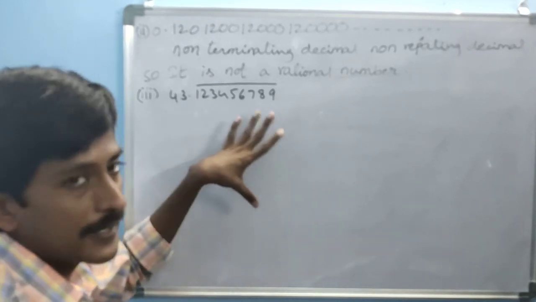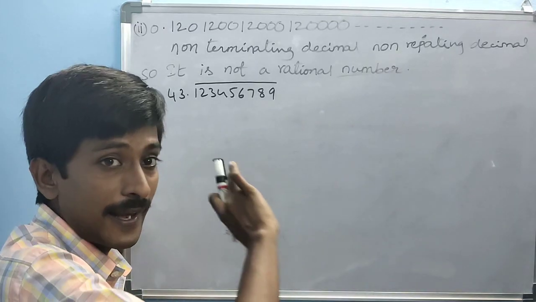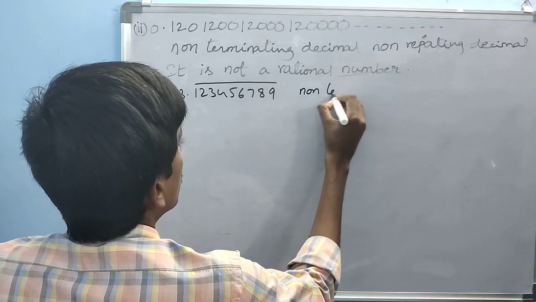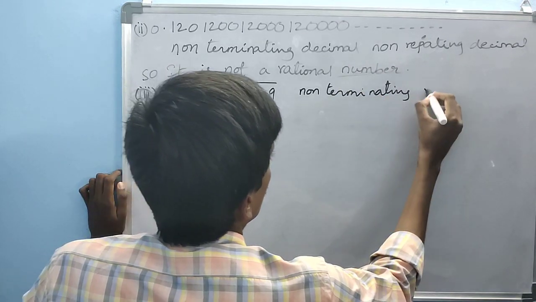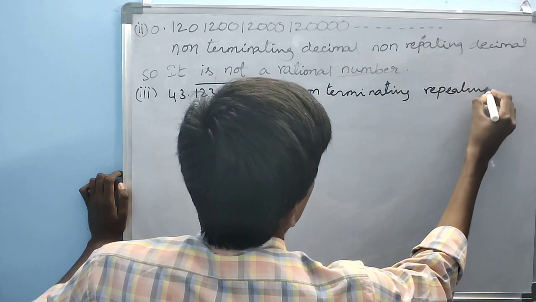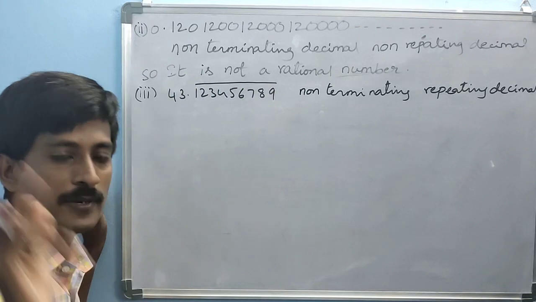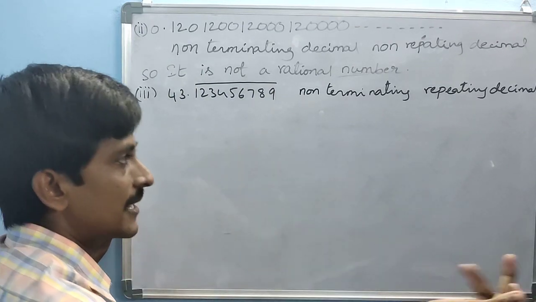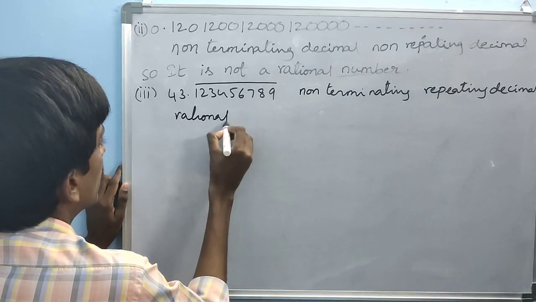So it is a non-terminating, repeating decimal. Every terminating decimal and non-terminating repeating decimal can be converted into rational numbers or P by Q form. So this is a rational number.